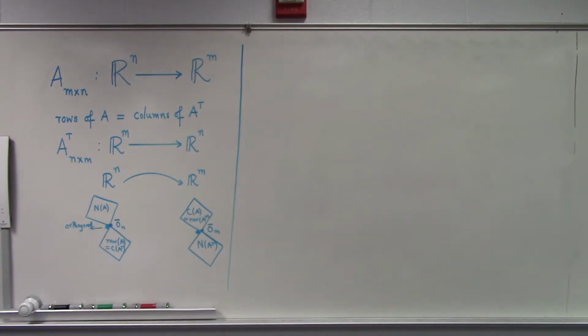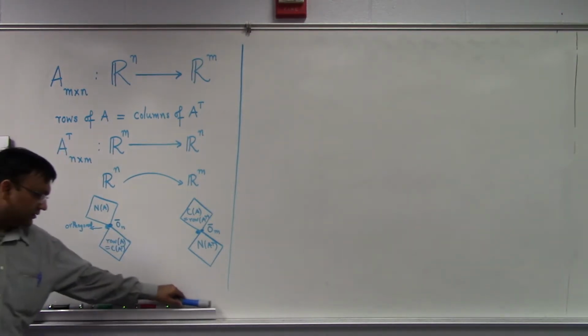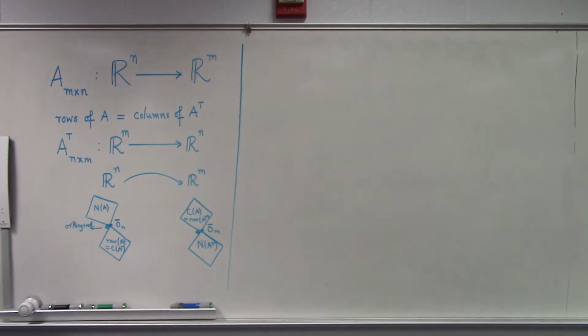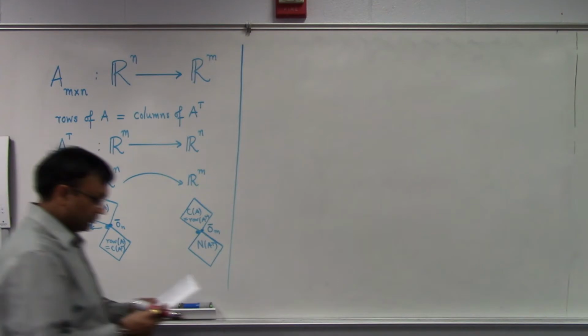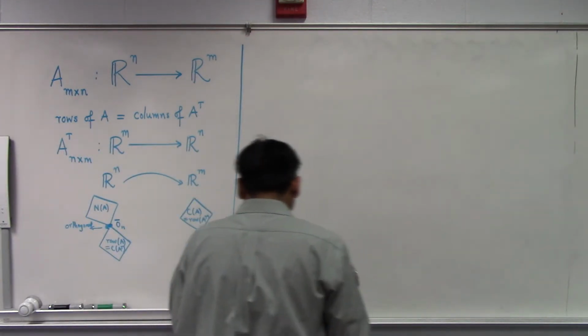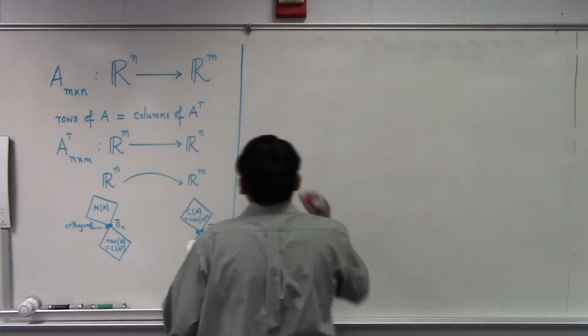Okay, so now let's try to do a simple example and see how it helps us. So here is a matrix, and I'm also giving its row reduced echelon form.